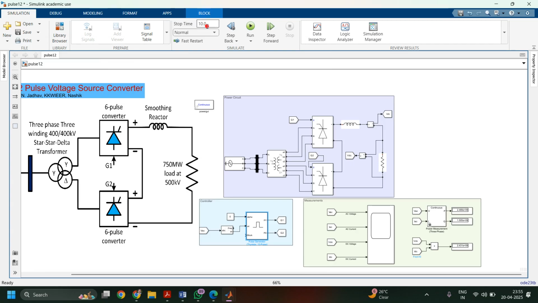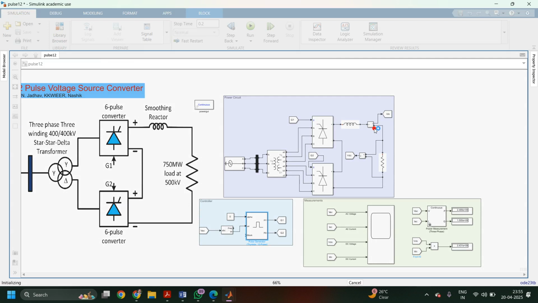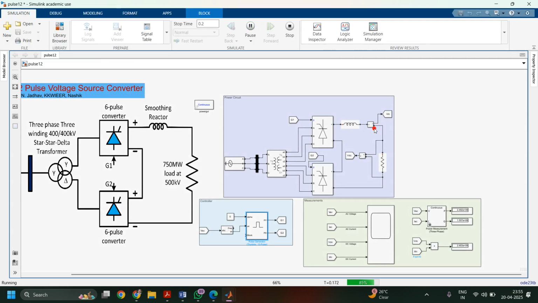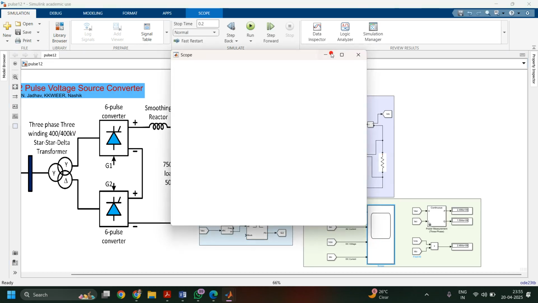Now make this timing up to 0.2 second only. Run this simulation. So let's observe the waveform.